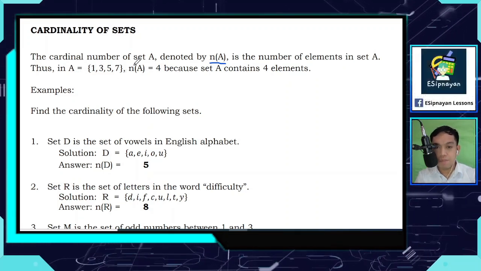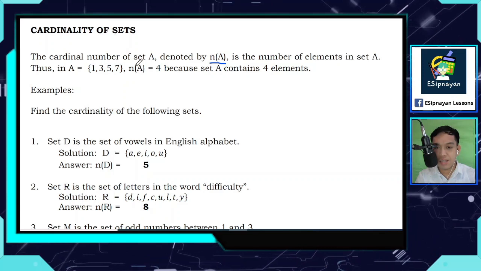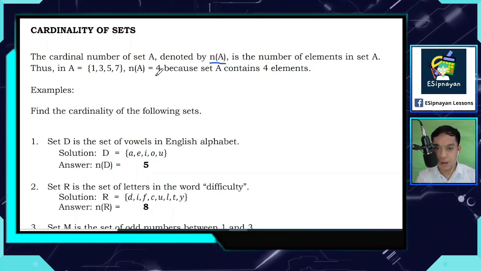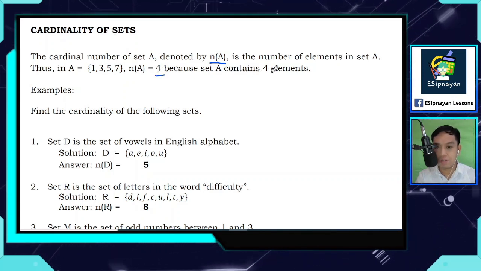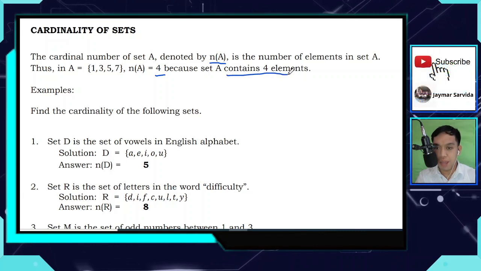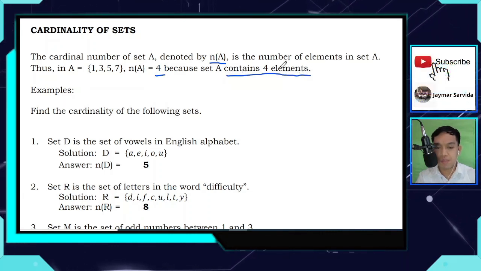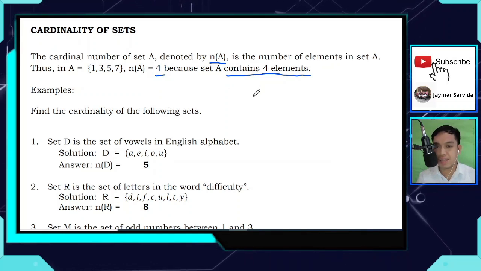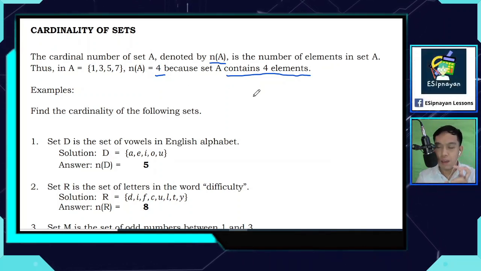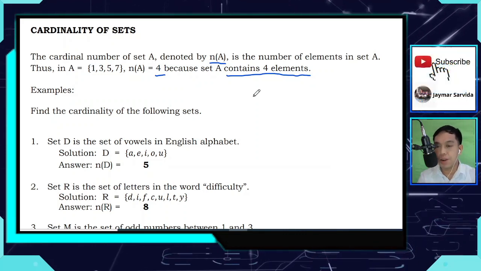So, the number of elements in set A is 4, because set A contains 4 elements. So, again, pag sinabi natin cardinality of sets, ito yung tumutukoy sa number of elements sa ating set.